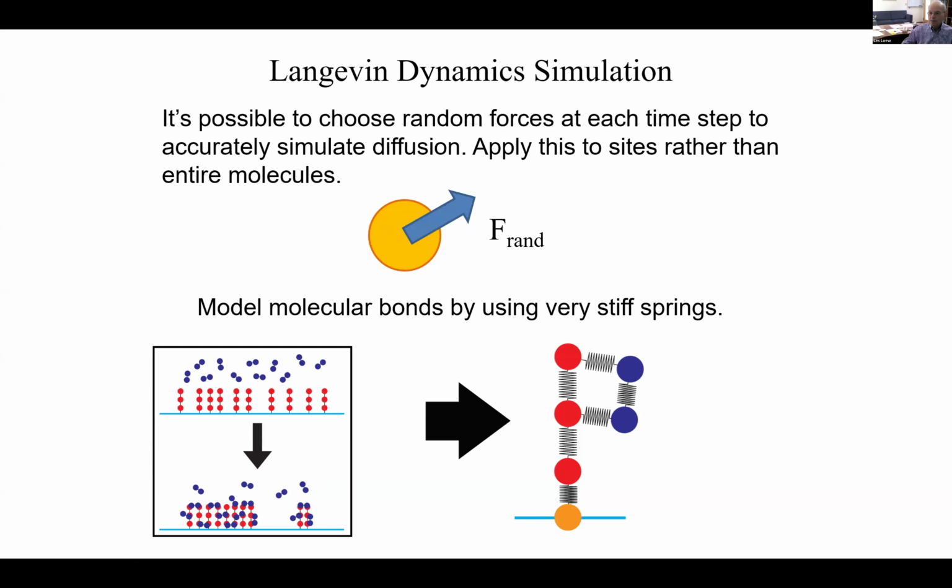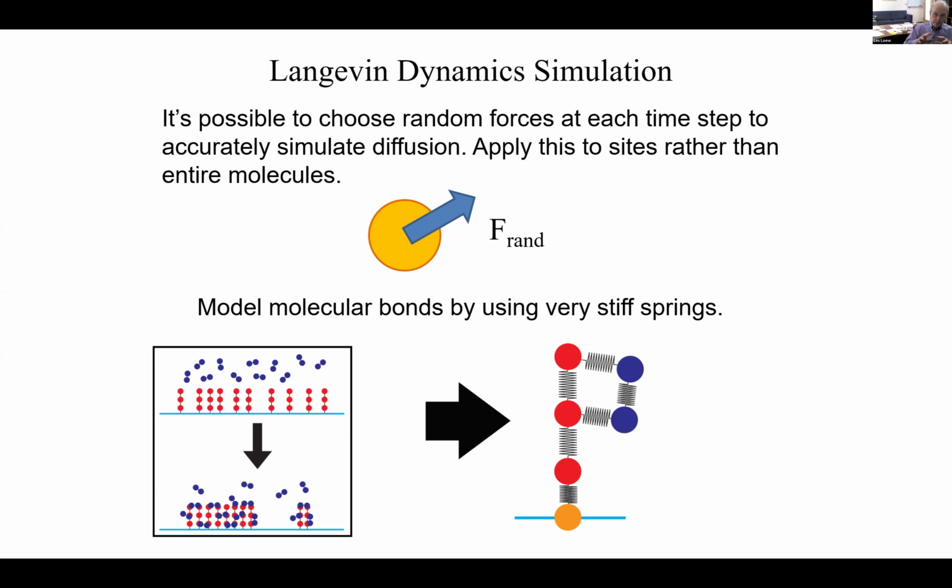The force makes it take off in a particular direction, and depending on the time step, which is usually very small, in the range of nanoseconds, we give it another force that's random both in amplitude and in direction. So it bounces around in response to these forces, just like it would in diffusion.